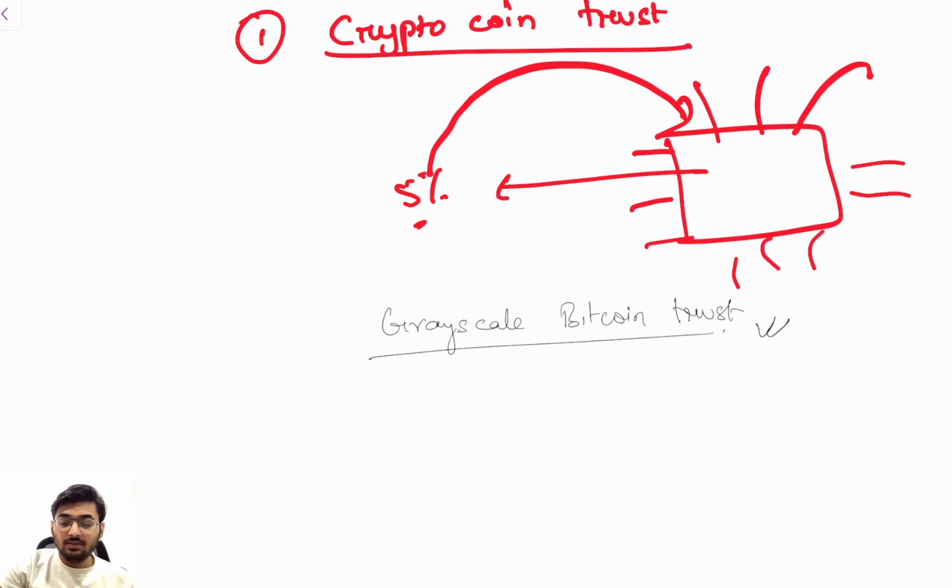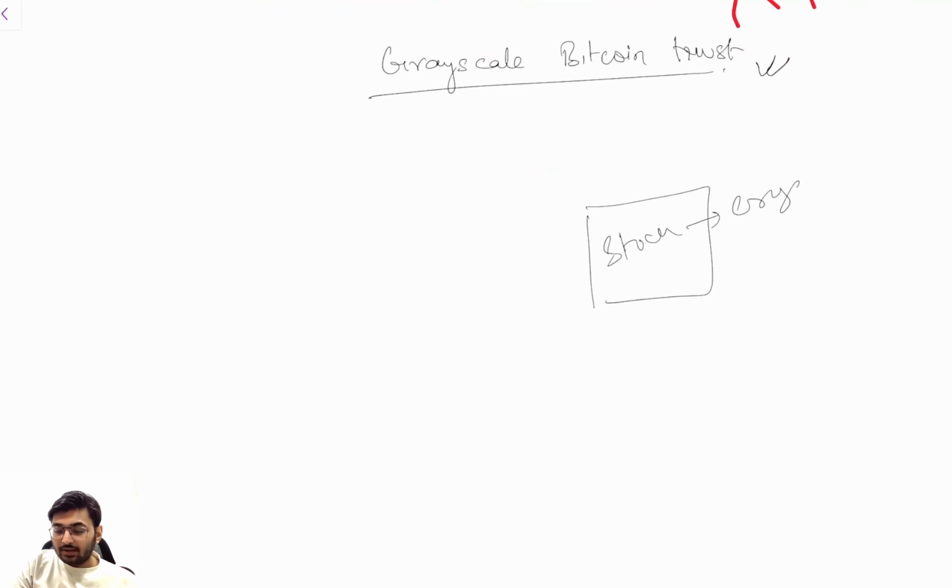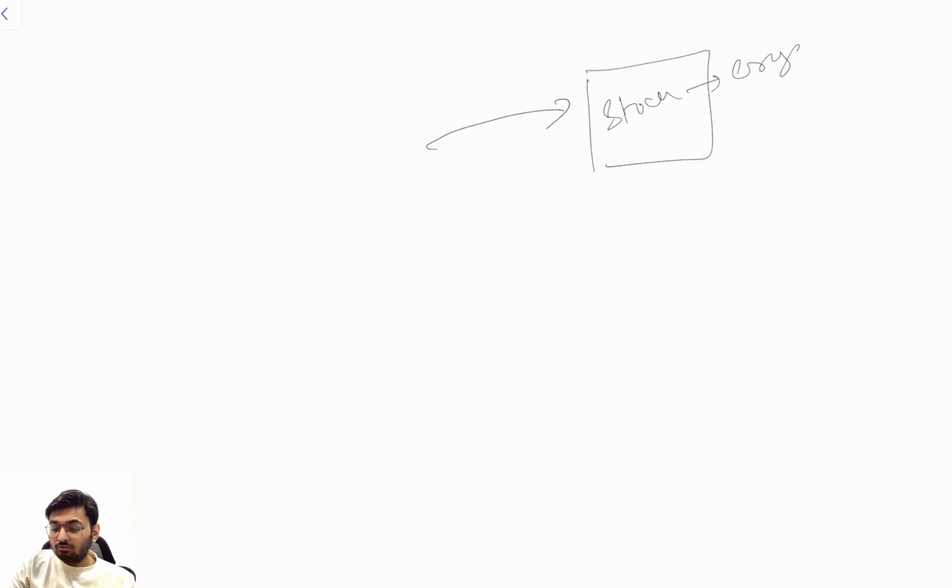Now the fourth, which is important, is the stocks which are dealing in crypto, and you invest your money in those stocks. It's like you want to invest in crude oil, but you don't want to invest in the crude oil itself, you invest in an oil producing company.